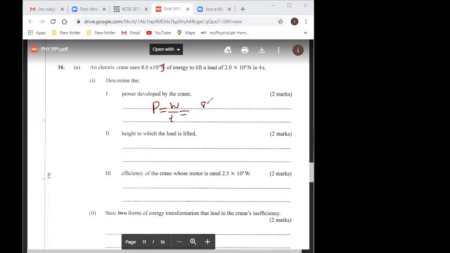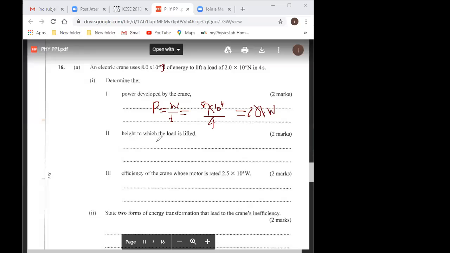So 8 times 10 to the power 4, we are dividing the whole of this by time of 4 seconds. So 8 divided by 4, that is 2. So it will be 2 times 10 to the power 4 watts, or whatever Ferdinand has told us, 20 kilowatts. So that becomes our final answer.